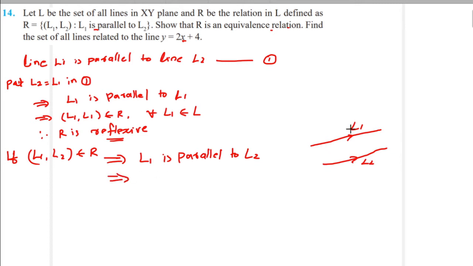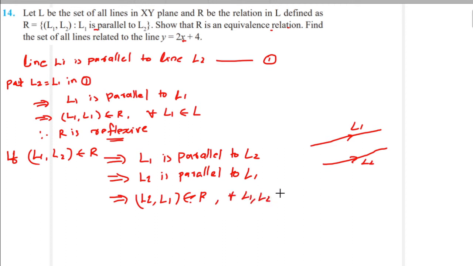This implies L1 is parallel to L2 is the same as L2 is parallel to L1. This implies (L2, L1) belongs to R for all L1, L2 belonging to L. Therefore R is a symmetric relation.